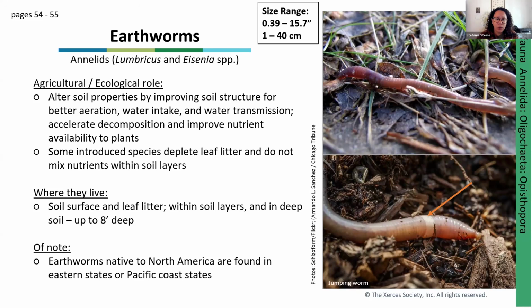So earthworms do alter soil properties in ways that are beneficial to plant growth by improving soil structure for better aeration, water intake and water transmission. They also accelerate decomposition and improve nutrient availability to plants. So they're promoting greater plant productivity.